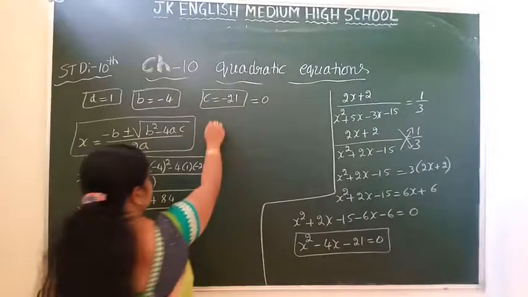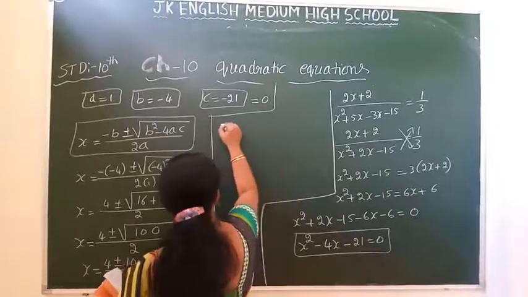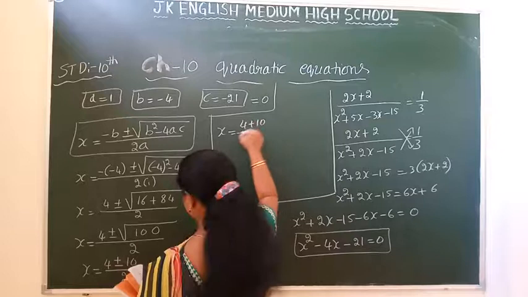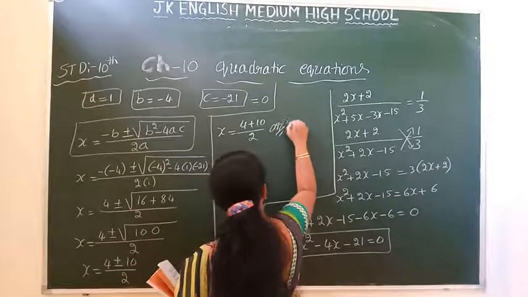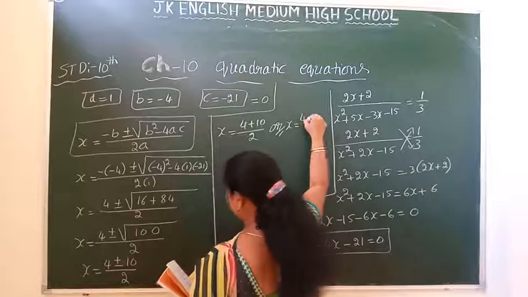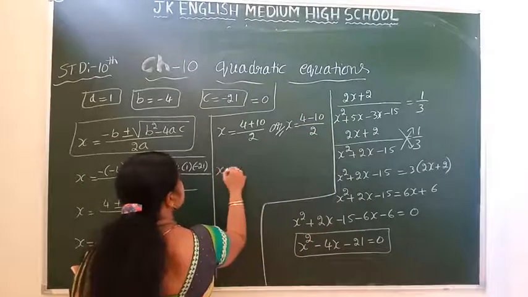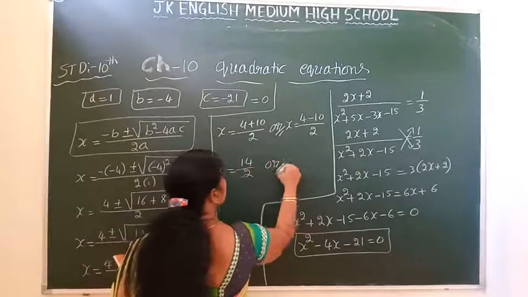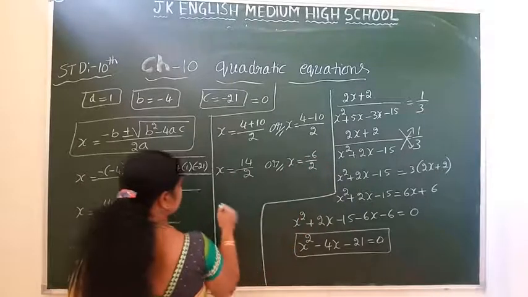Therefore the roots of the quadratic equation are x is equal to 4 plus 10 divided by 2 or x is equal to 4 minus 10 divided by 2. So x is equal to 14 divided by 2 or x is equal to minus 6 divided by 2.